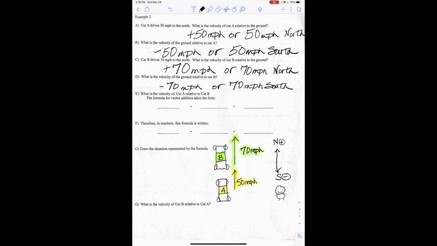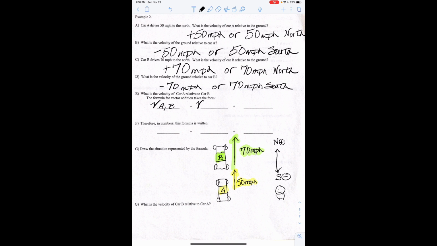And then what is the velocity of car A relative to B? So now we want to know VA, comma B, but we need a third object, right? And so that third object can be the ground, right? And that'll be that observer. So let's go ahead and write this out.